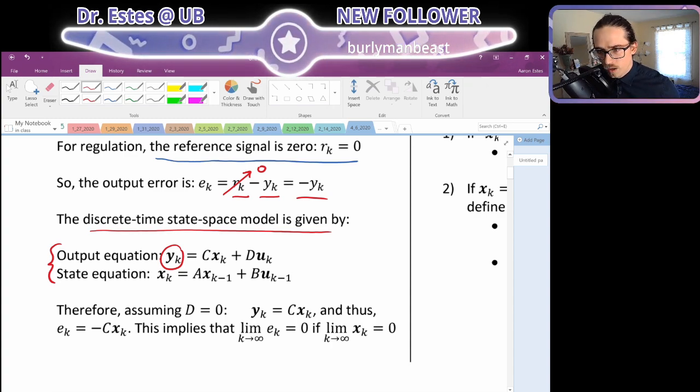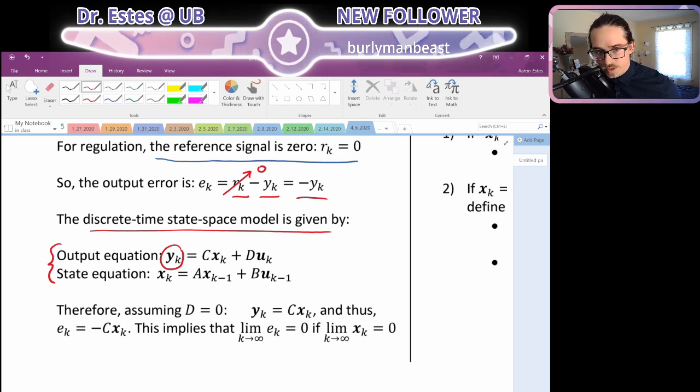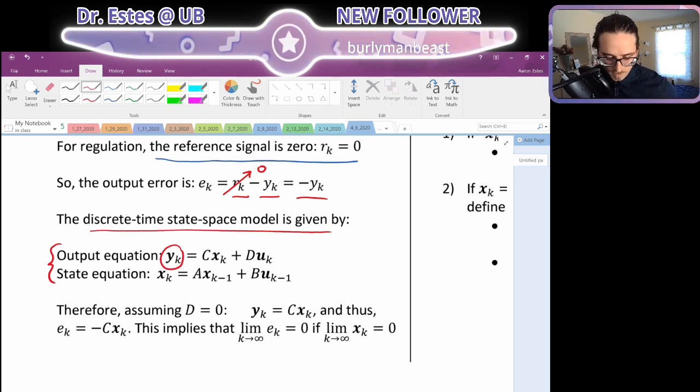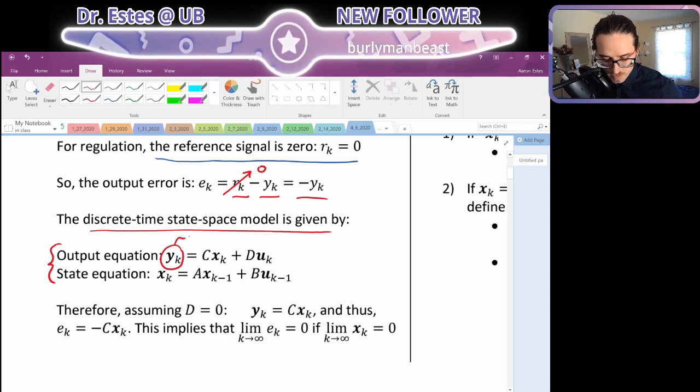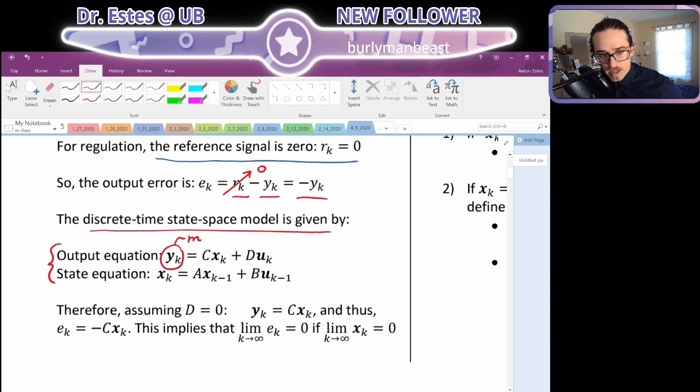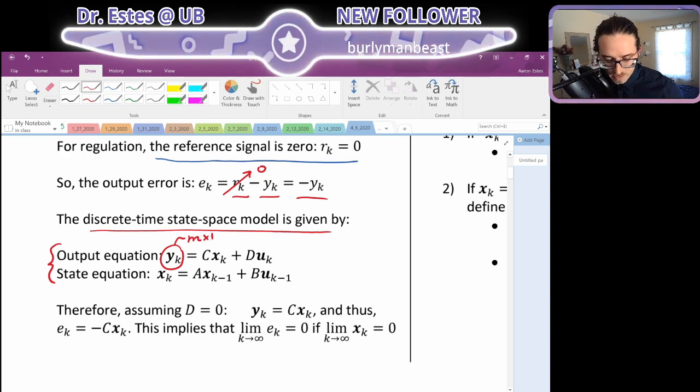Right now we're just working with single input, single output, but I want you to remember that all these boldface symbols or variables represent a vector. In general, we could have many outputs. The number of outputs we can have is m, and this is an m by 1 vector.